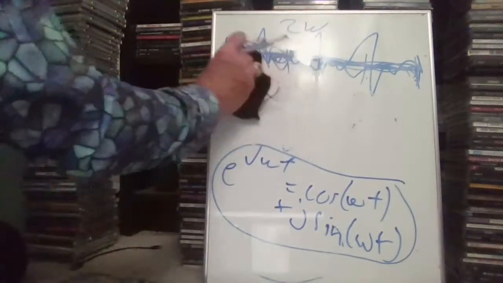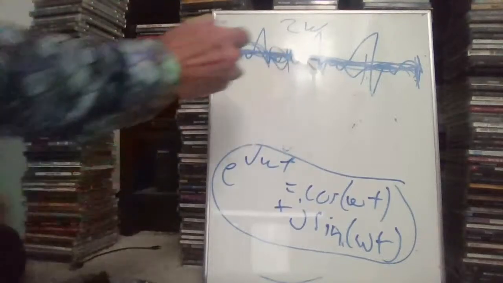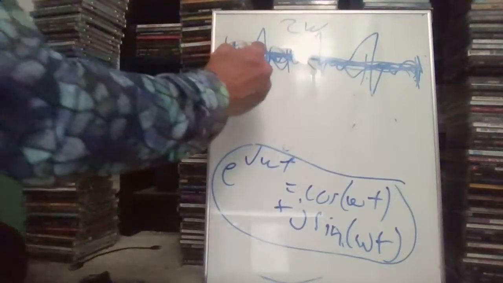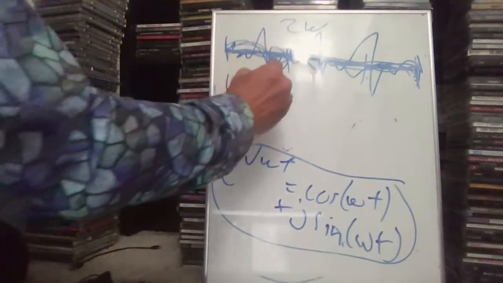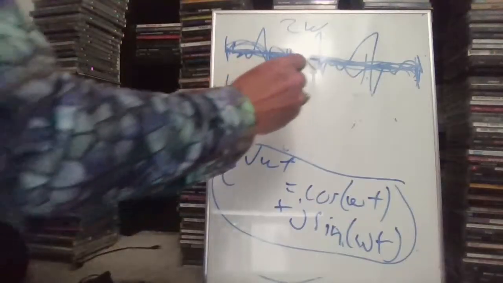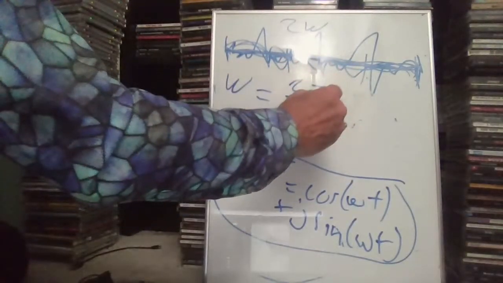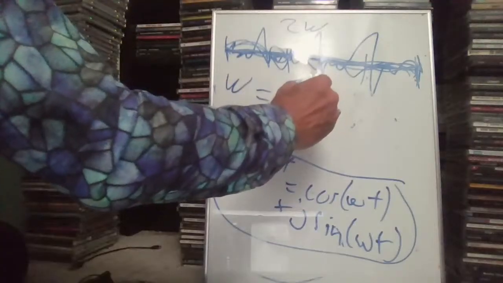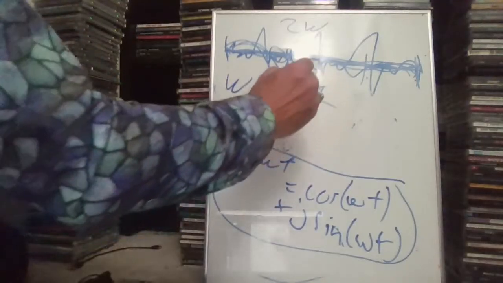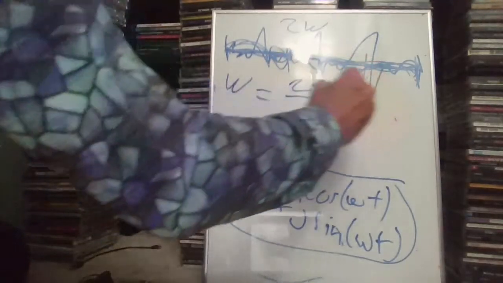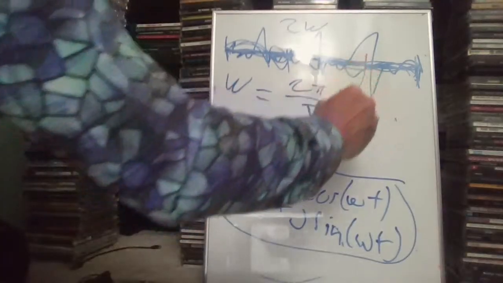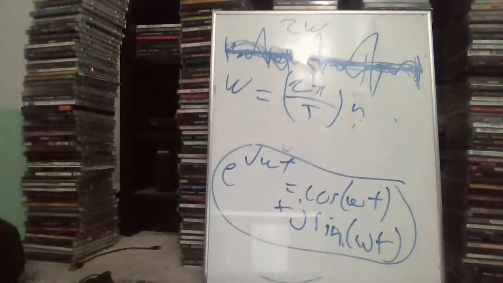Oh, I get it. The fundamental frequency is just one of the frequencies, but the frequencies you have available are 2 pi over T, or any multiple of that. So it's n times 2 pi over T.